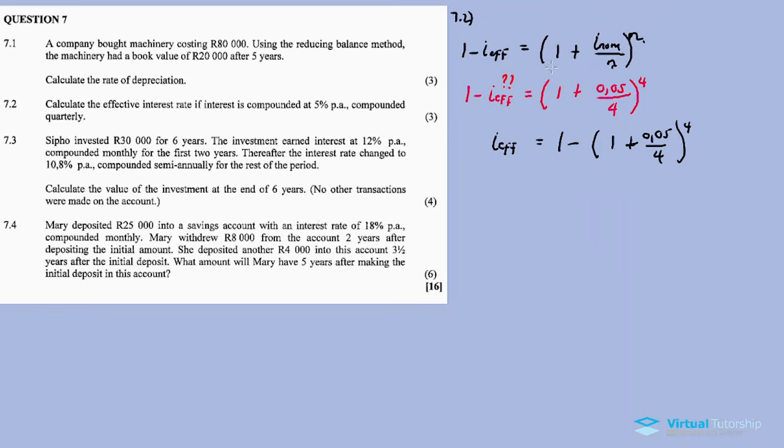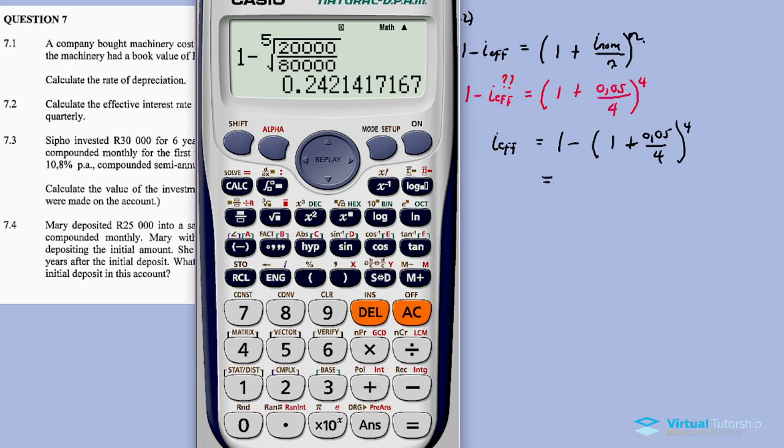Our final answer will be 1 minus (1 plus 0.05 divided by 4) raised to exponent 4.